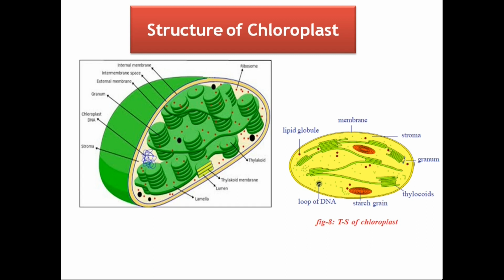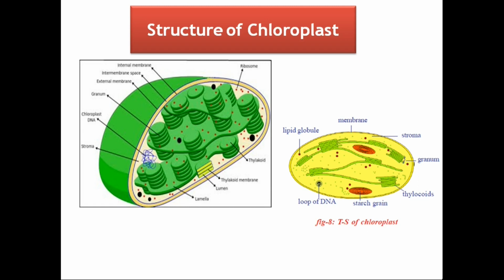Around 250 to 400 pigment molecules are grouped as a light harvesting complex or photosynthetic unit in each granum. Such innumerable units function together in chloroplasts of green plants in the process of photosynthesis.